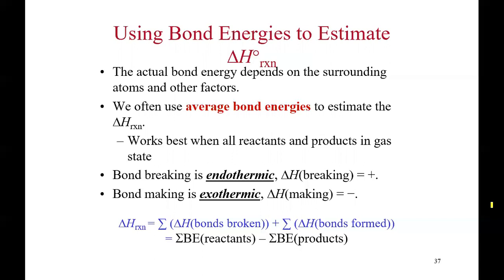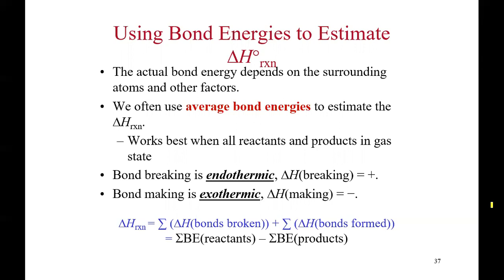Now remember, if you break bonds, you have to input energy. Therefore, the delta H for breaking bonds is going to have a positive sign. It's an endothermic process. Bond making is exothermic. The formation of a bond, the making of a bond, should have a negative sign on it.